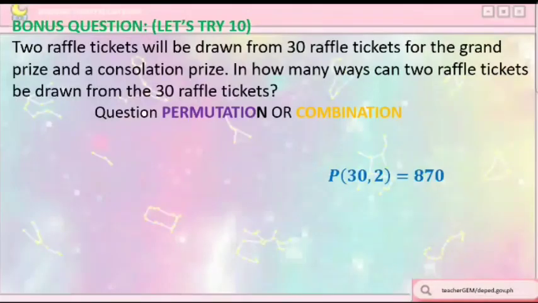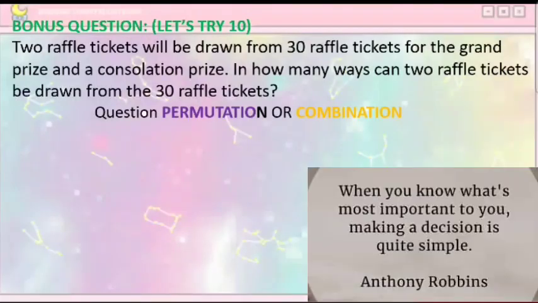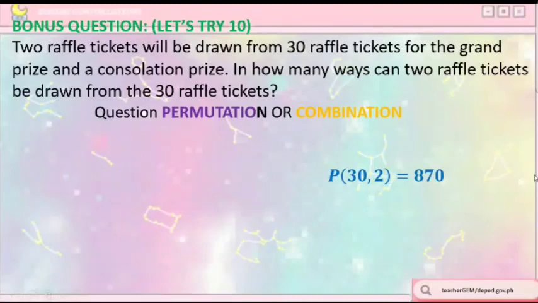2 raffle tickets will be drawn from 30 raffle tickets for the grand prize and consolation prize. In how many ways can 2 raffle tickets be drawn from 30 raffle tickets? Nakita niyo yung words na grand prize and consolation prize, so ibig sabihin, meron siyang order. So, with order siya, ang gagamitin natin ay permutation itself.